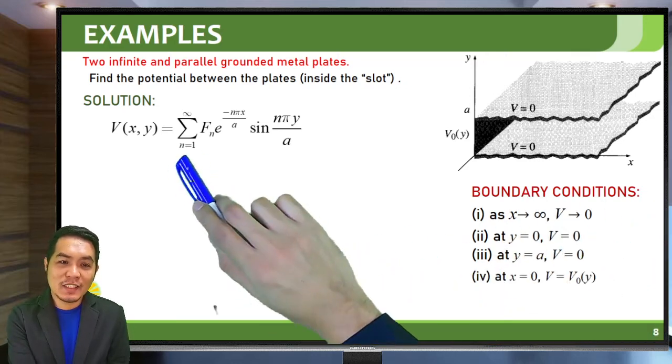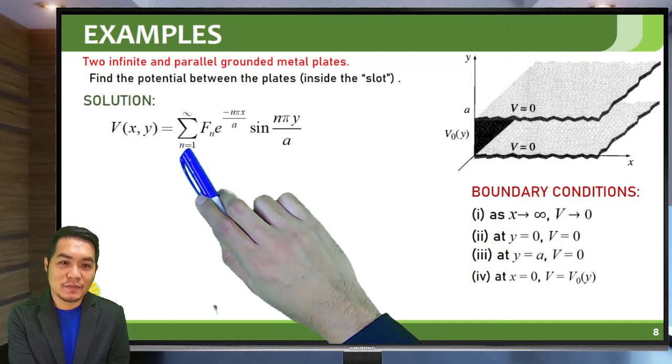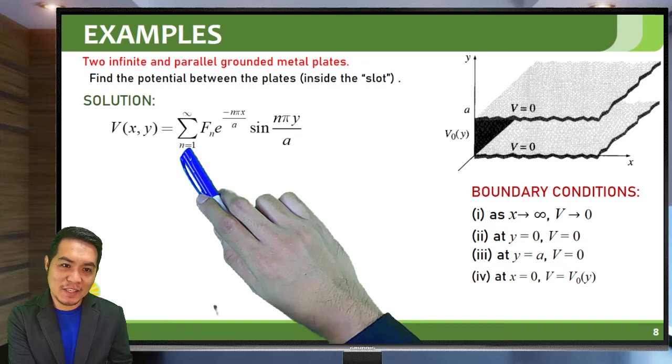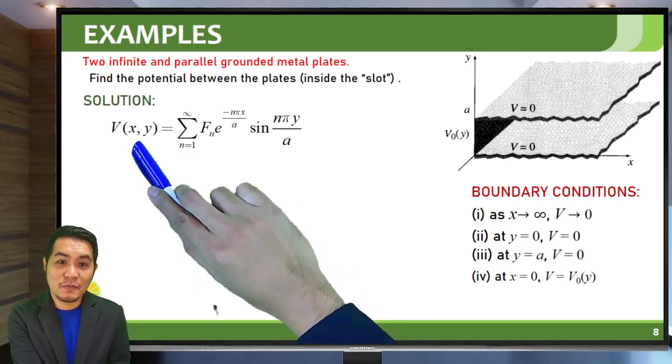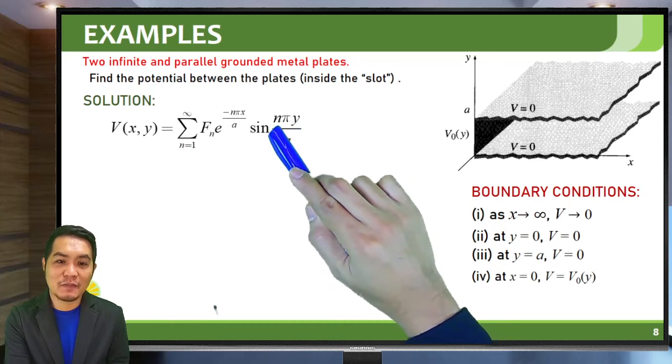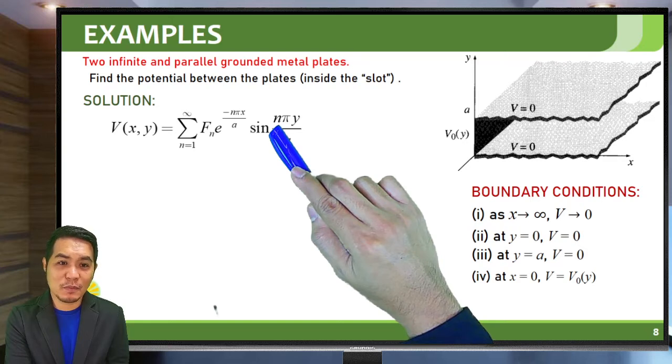Hence the summation term here. So we have more than one value of k, which means we have more than one value of V, because n here can have a value of 1, 2, 3, 4, 5. So there are many solutions to this problem.